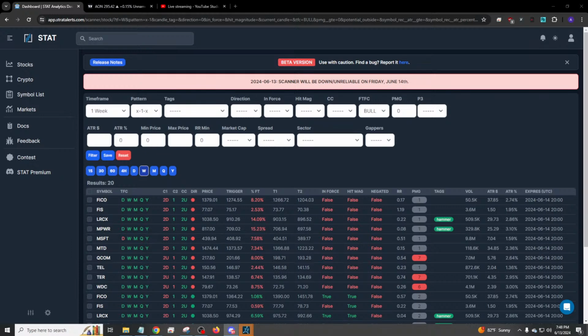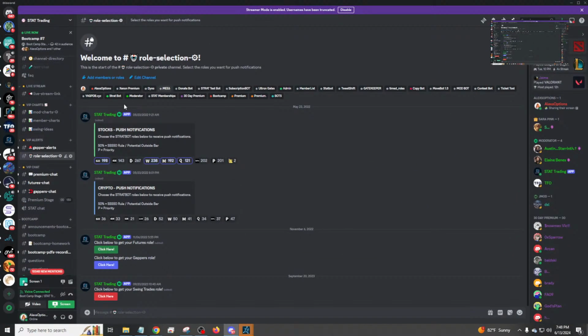Oh, it's in VIP. Why is it in VIP alerts? Oh, I guess it's in the alerts section. Okay. Yeah. So if you go into the alert section of the Discord, role selection.